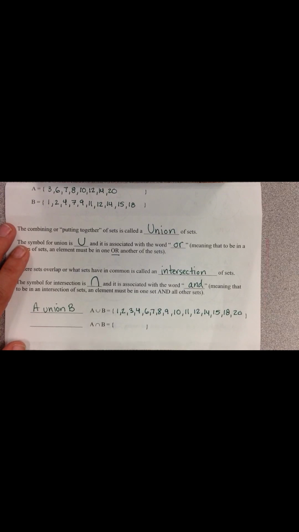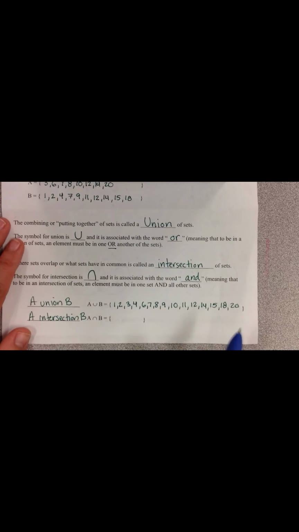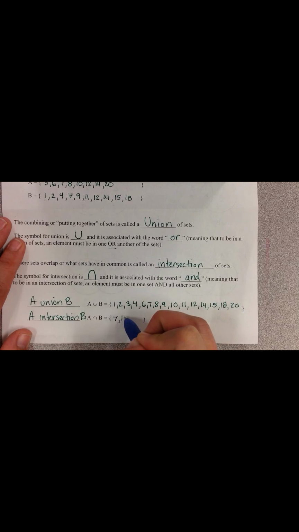This statement here is read A intersection B. And this means that these are all of the elements that are in both A and B. And these elements consist of 7, 12, and 14.